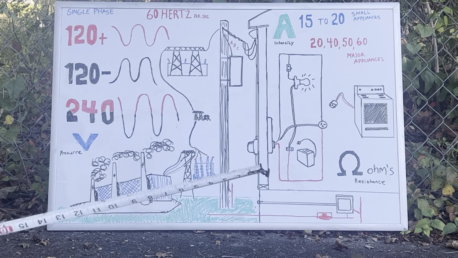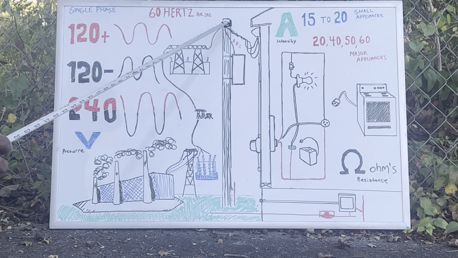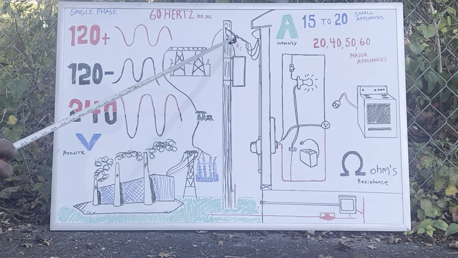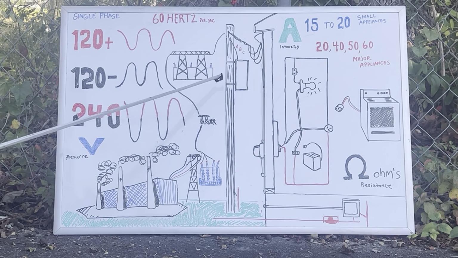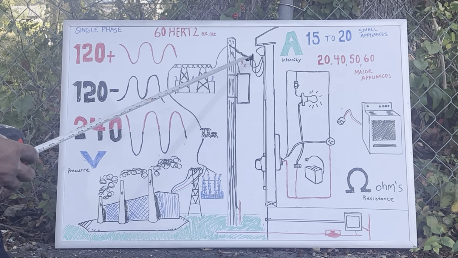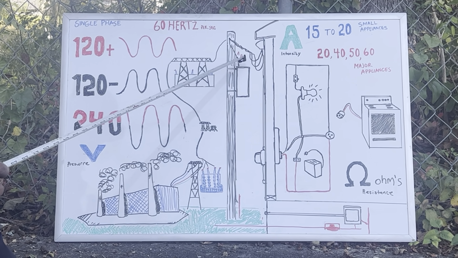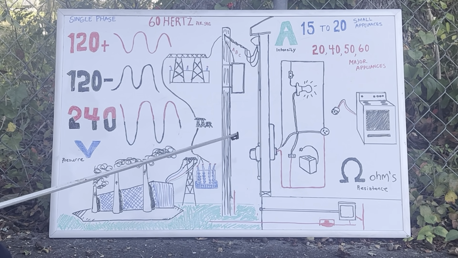But let me continue. When you're starting right here at your drop service, this is your transformer that's outside your house, your utility pole. You got your drop service with A, B, and C line. A is gonna be your hot, B is gonna be a hot, and C is gonna be your neutral.